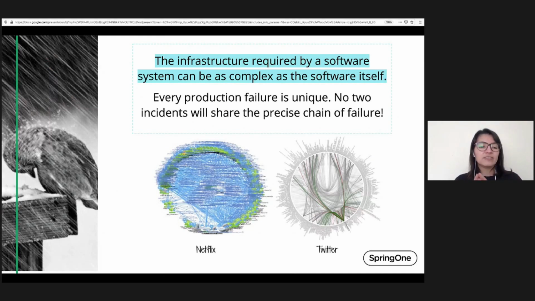So there aren't two incidents that share the precise chain of failure. Each architecture is unique, and they are as complex as the organizations or the users using them. So here, a visualization of the architecture of Netflix and Twitter.